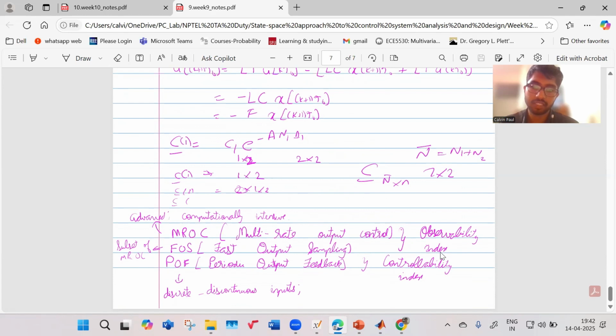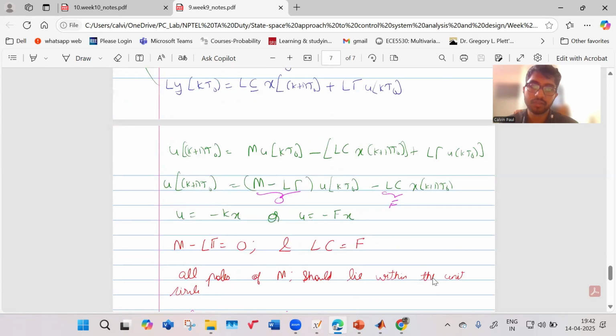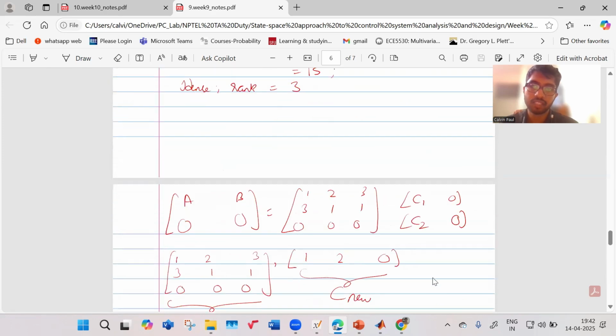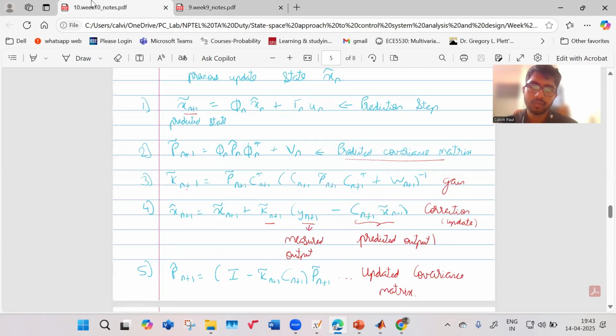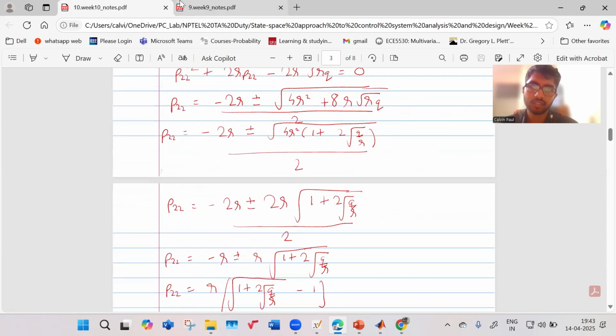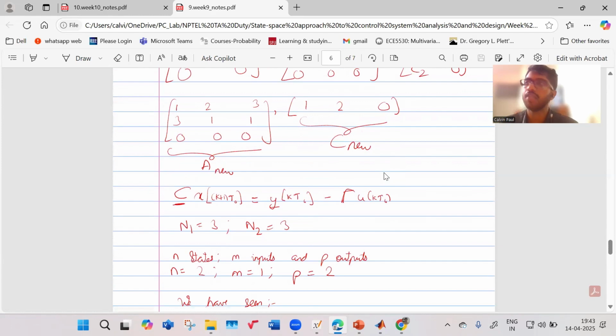Here the observability index is important. POF is periodic output feedback, but here there's a discrete discontinuous approach. And these are advanced and computationally intensive. Controllability index also is an important factor. So week 9 is basically regarding this. Week 10 is regarding Kalman filters. Week 11 is related to the case study for a nuclear power plant.